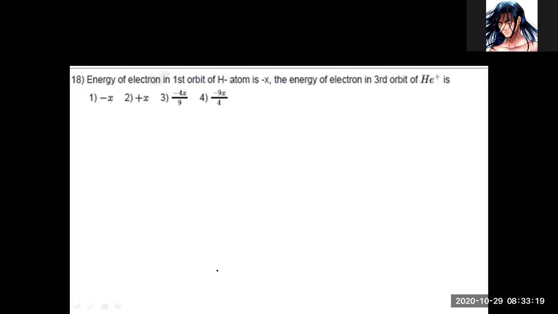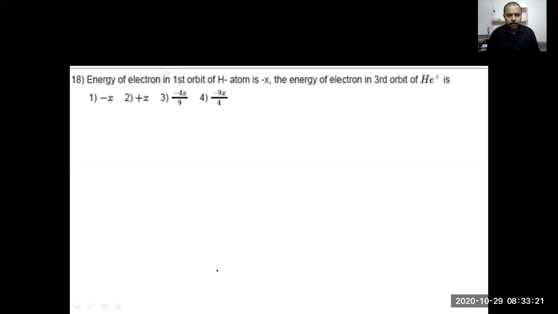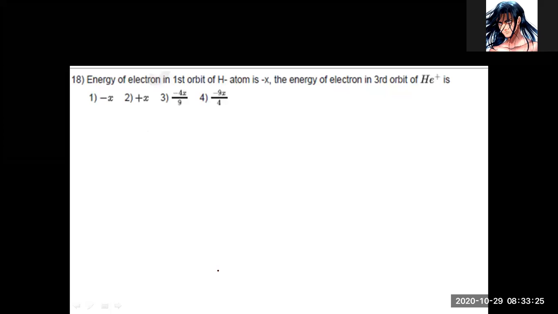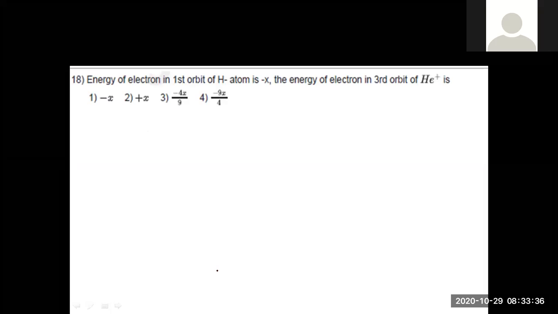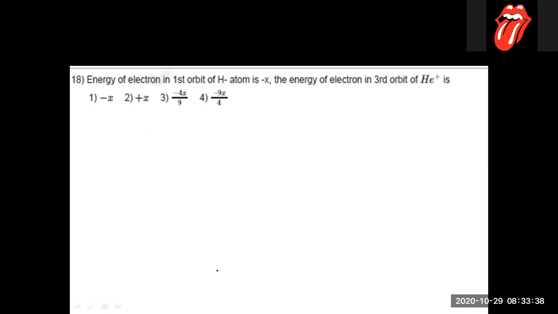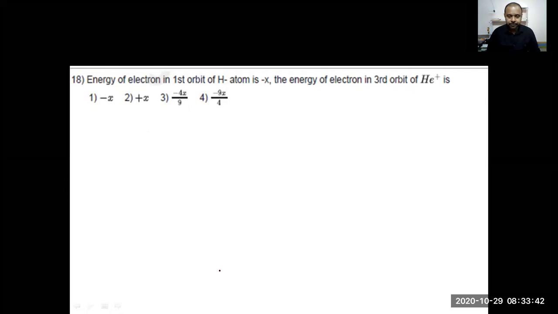Eighteenth we will take. Energy of electron in first orbit of hydrogen atom is minus x. The energy of electron in third orbit of He plus is, third option. How is that, Abhinav?